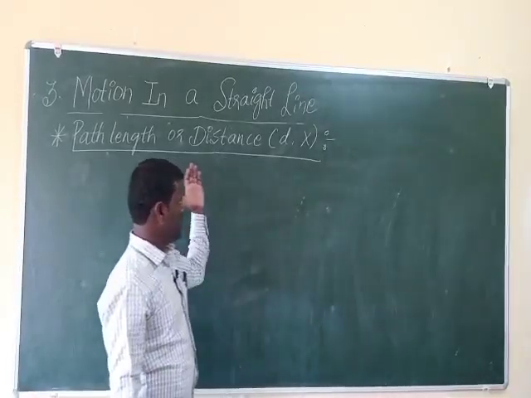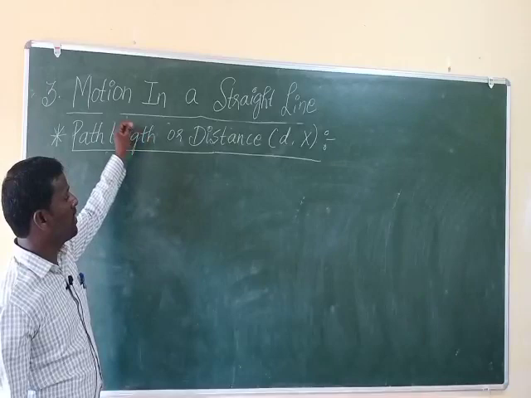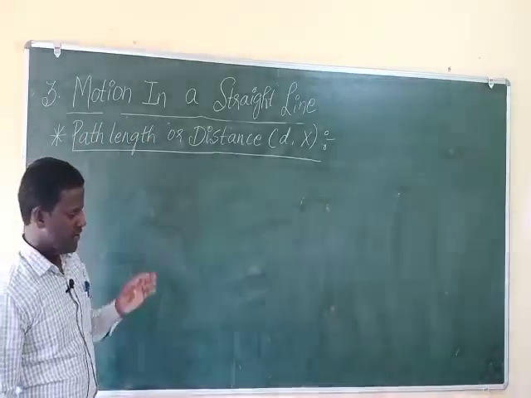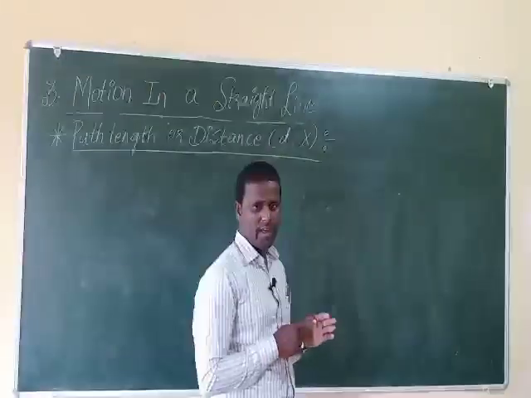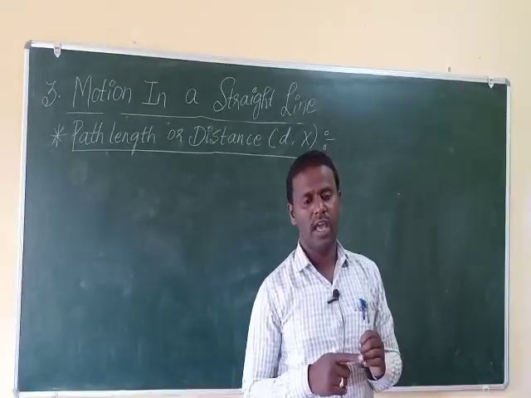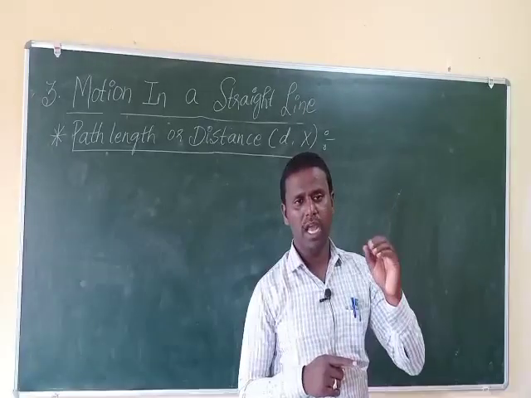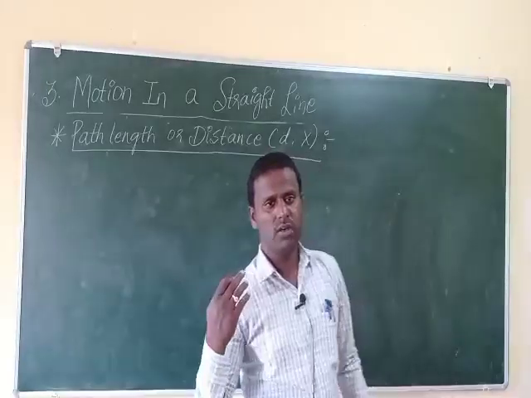So this is a term which explains about motion of a body. See here, there are some terms. Which are those? Distance or path length, displacement, speed, velocity, acceleration. These are the 5 important terms which help us to understand about motion of a body.